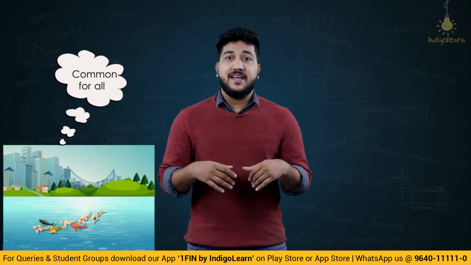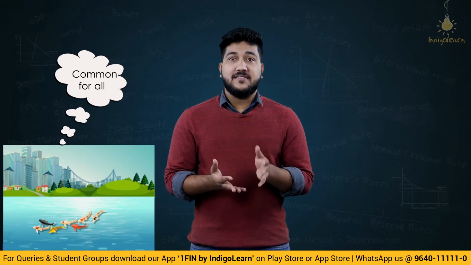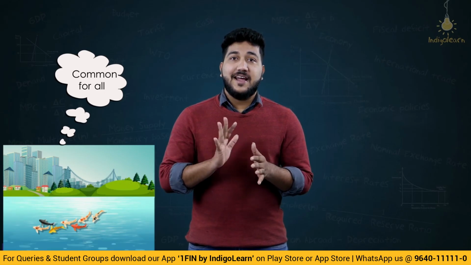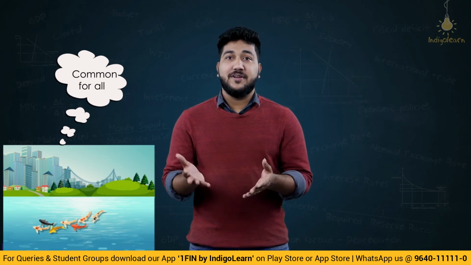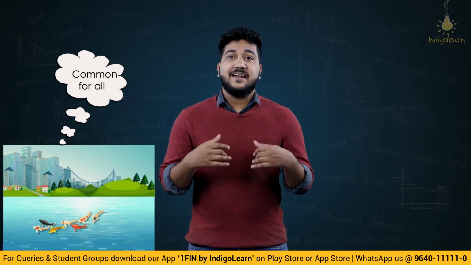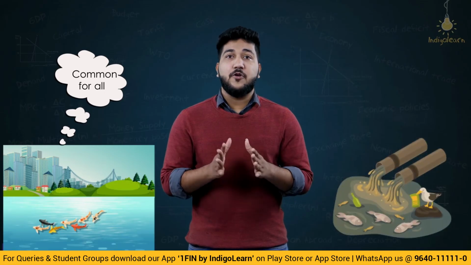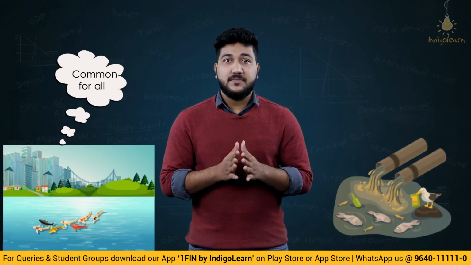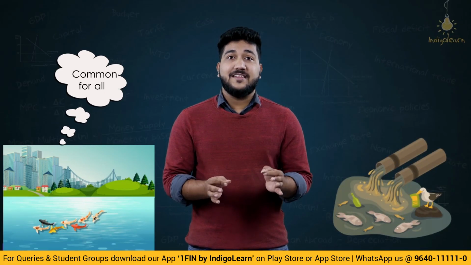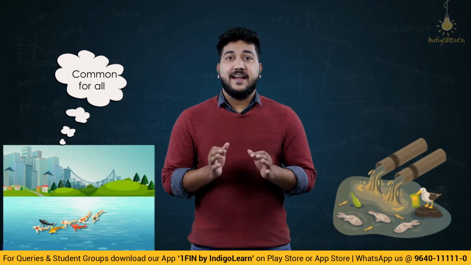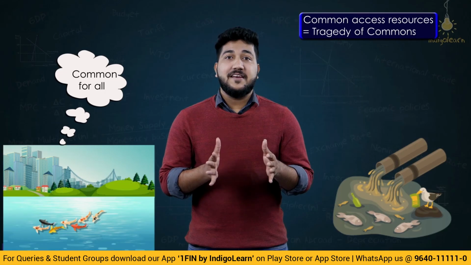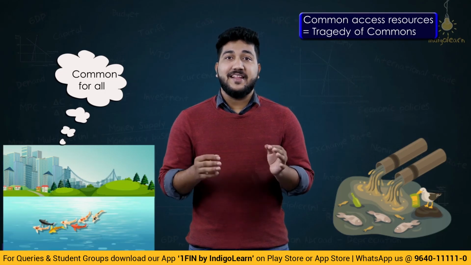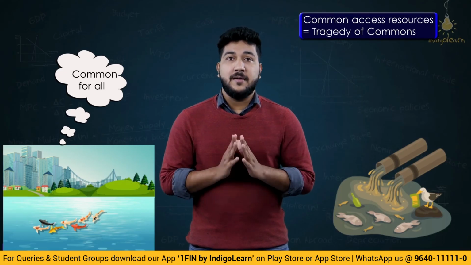Now if everybody without thinking twice goes there and tries to spoil this lake by fishing out of it and taking water away, polluting it, then the entire lake will get spoiled and nobody will be able to use it in the future. Now because of that only, this common access resources, it is also called as what? Tragedy of commons. What happens here? Because it is available for free, they are often overused by the people.